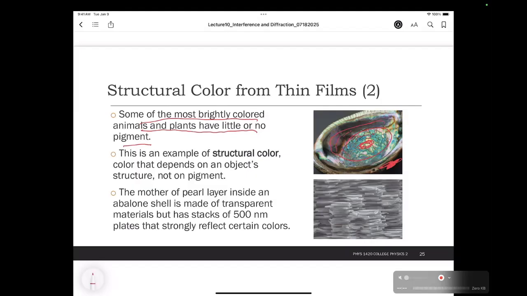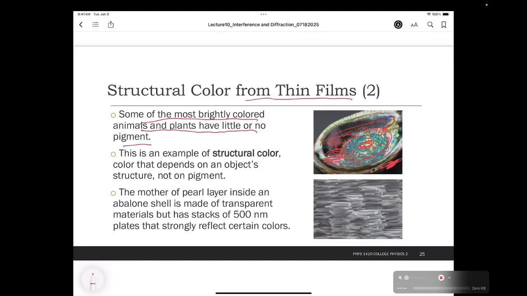Here there is some structure, and this structure can have thin film interference, which constructively enhances some wavelengths of light and destructively removes other wavelengths. So then you will see it is colorful. But this one does not have pigment, or just a little pigment. It's just the object's structure that generates this color, not pigment. Does that make sense to you?